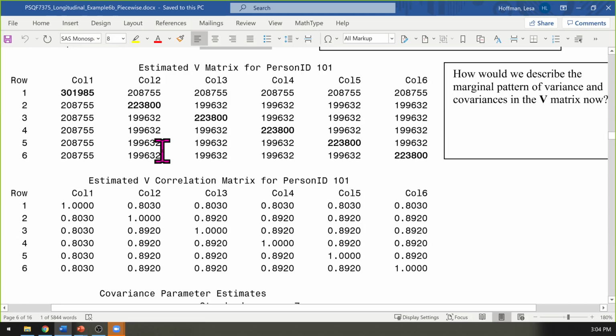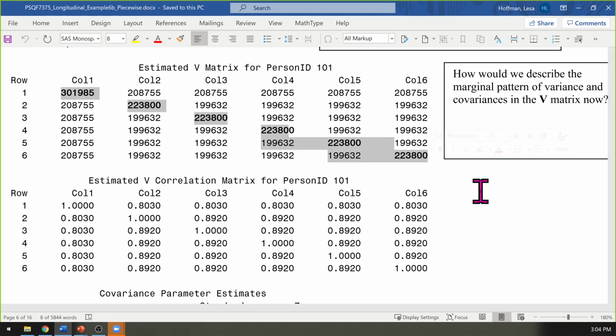Now this V matrix here, take a second and stare at it. Note what has happened to my model implied pattern of variance and covariance over time based on this. How would you describe the variances over time? This is the first time you've seen something like this.